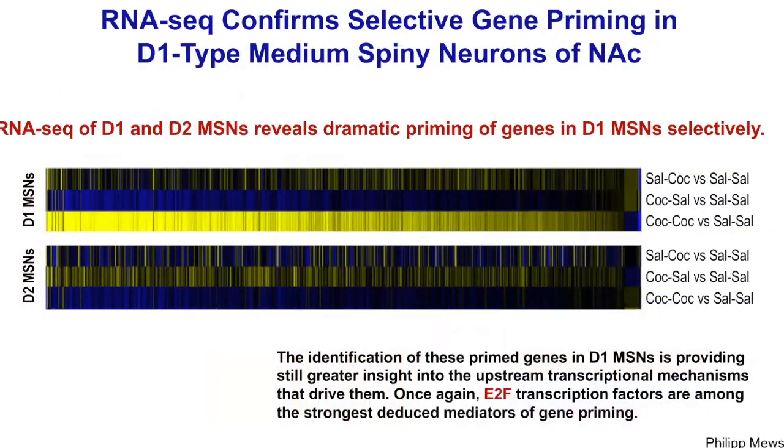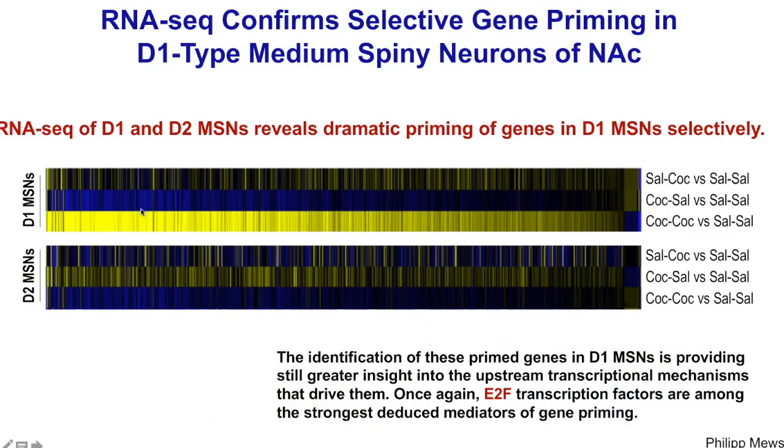More recently, Philip has now accumulated equivalent data by RNA sequencing of the same isolated cell types, now looking at the 3 time points versus the saline controls, looking separately at D1 medium spiny neurons versus D2 medium spiny neurons, and again seeing dramatic priming of genes in terms of their gene expression in the cocaine self-administration, 30-day withdrawal, cocaine priming condition.